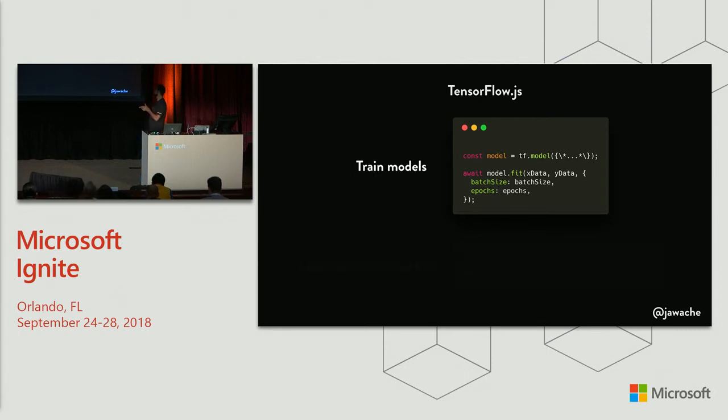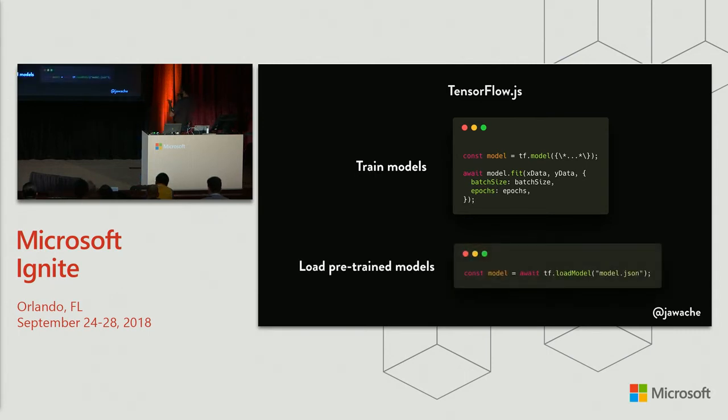But the other really cool thing about it is that you can load pre-trained models. So you can have models that have been created elsewhere, maybe on the Azure platform, where you're creating some machine learning model. You can then export that, and in fact, they've got tools that can take a machine learning model created using a bunch of different frameworks, convert them to be able to use inside TensorFlow JS, and you can load them up just with this line here.